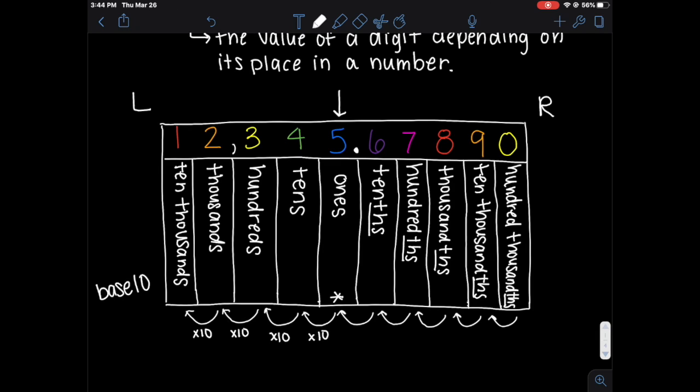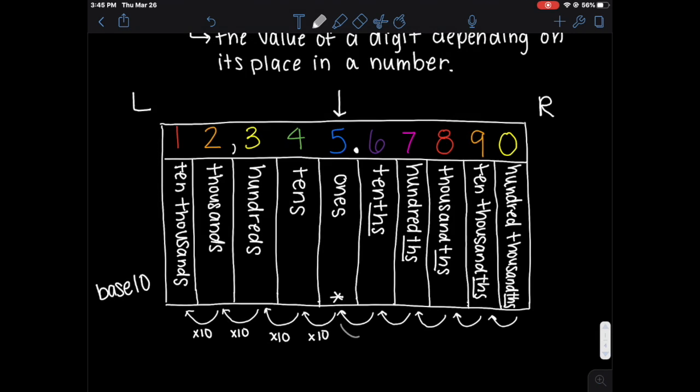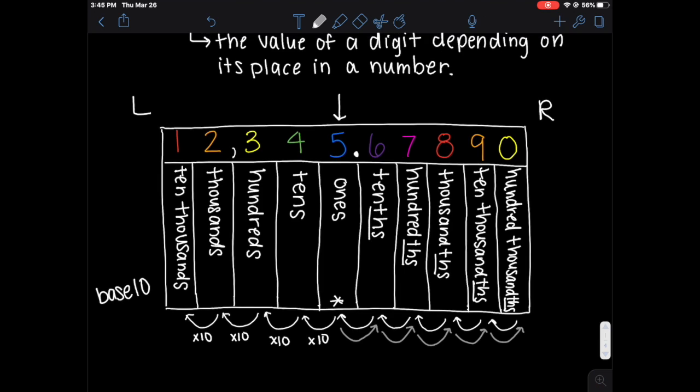If I'm going the opposite direction, which I know I already drew arrows here, but I can also draw them in the opposite direction. If I'm going in the direction of the gray arrows, I would be dividing by 10.